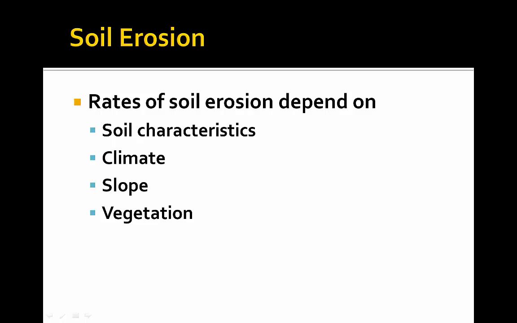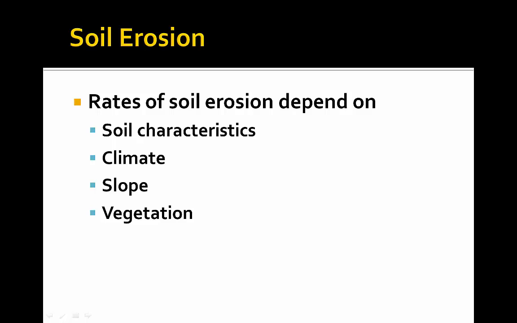So now that we've created a soil, let's break it down. The soil erosion is going to depend on what that soil is made out of. So what was the parent material? What are the other materials that comprise that soil profile, including which of the horizons are present? Climate again, slope again, and biological composition yet again.